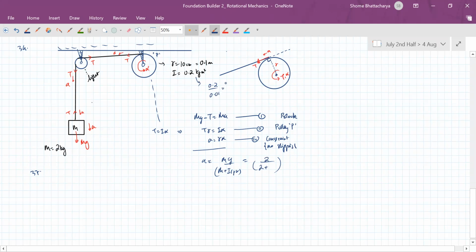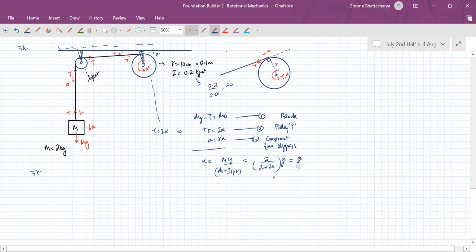So it will come out to be 20, is it? Yes. So it will come out to be g by 11, the linear acceleration. Okay, so that's 34. Now 37.